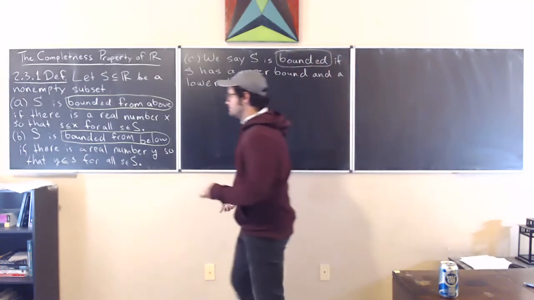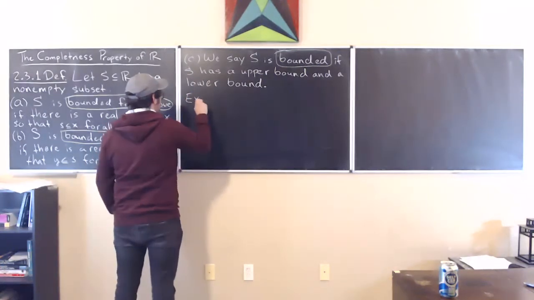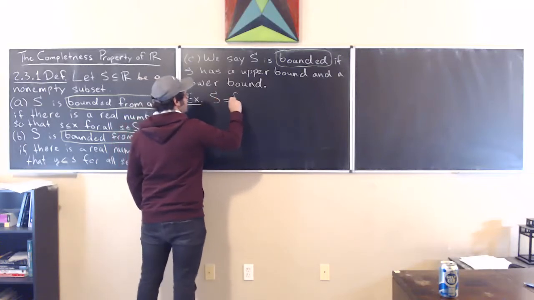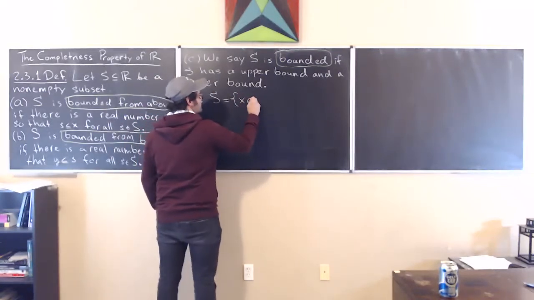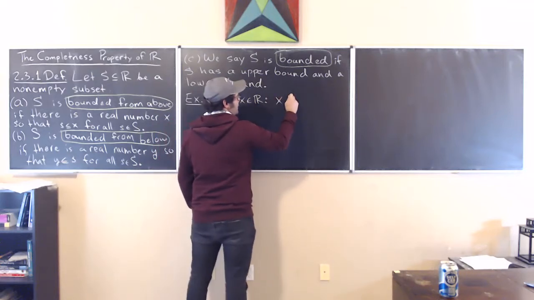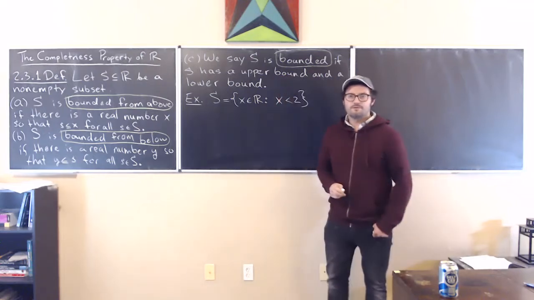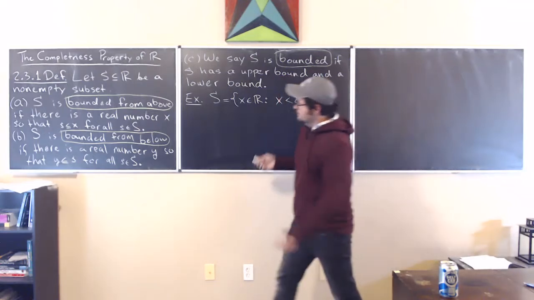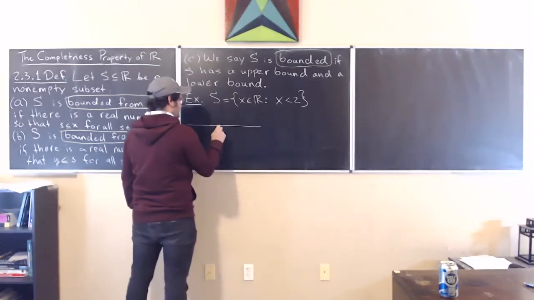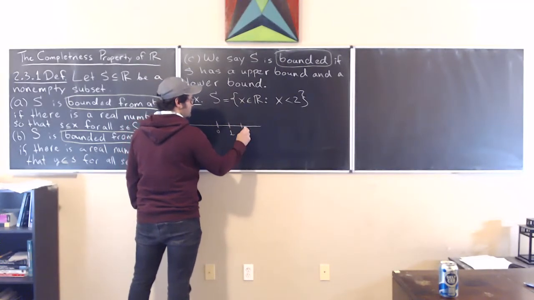So, for example, maybe we could look at the set S, which we define to be the set of all x in real numbers so that x is less than 2. Okay. So on the real number line, what does this look like? So here's a 0, 1, 2.